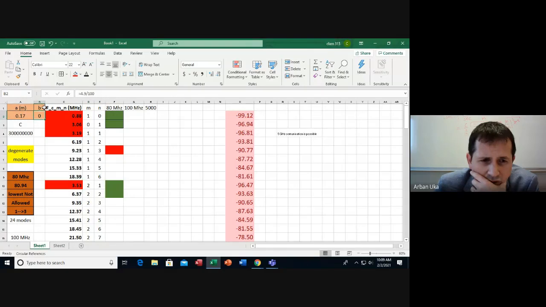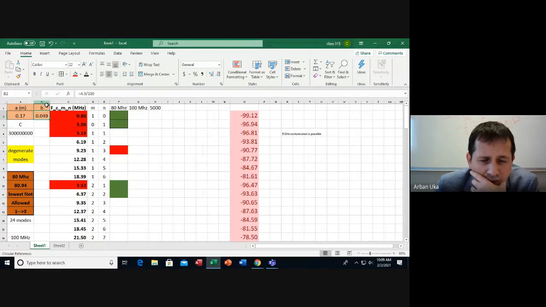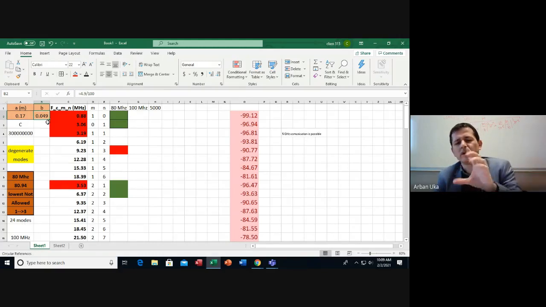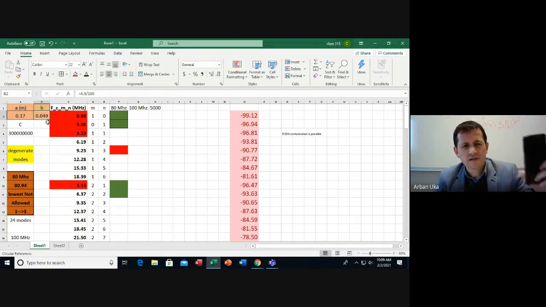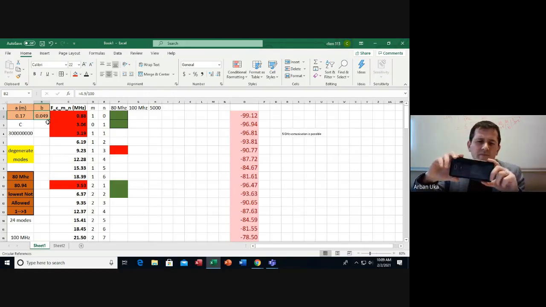So for a tunnel or a rectangular waveguide which is 17 centimeters and 4.9 centimeters, if you make a waveguide which is as big as a cell phone, this cell phone here is actually like 5 centimeters, and this is around 17.